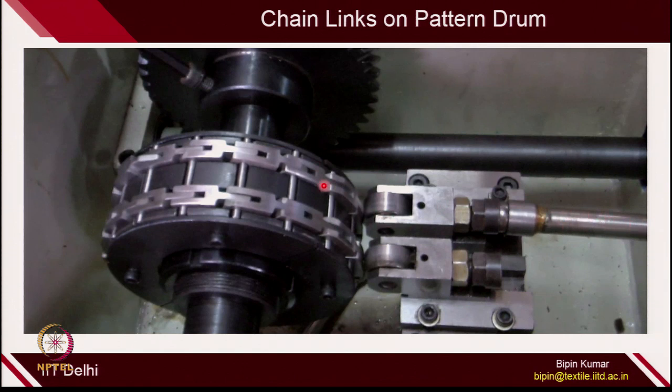Clearly you can see, depending on the crest and trough, or the elevation and depression, this follower will push this rod either in the right direction or the left direction. Because of that, you are achieving shogging motion in the guide bar.